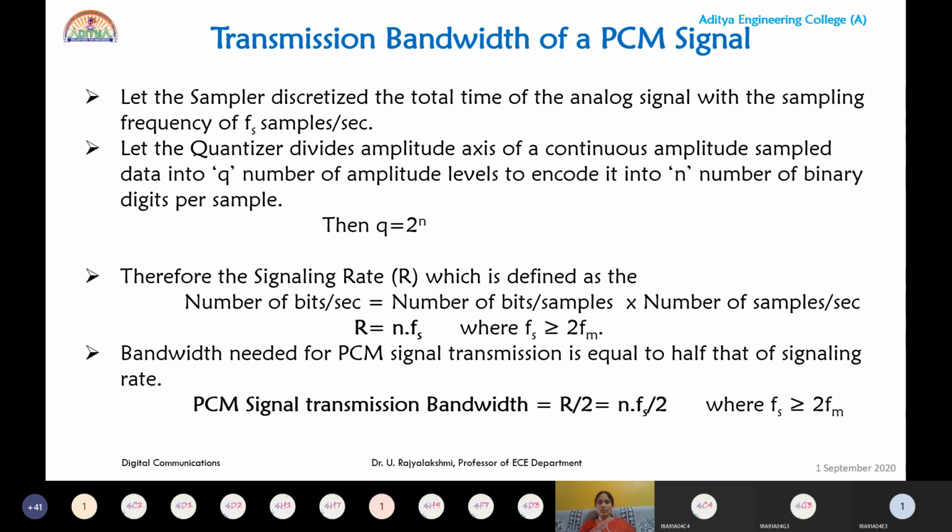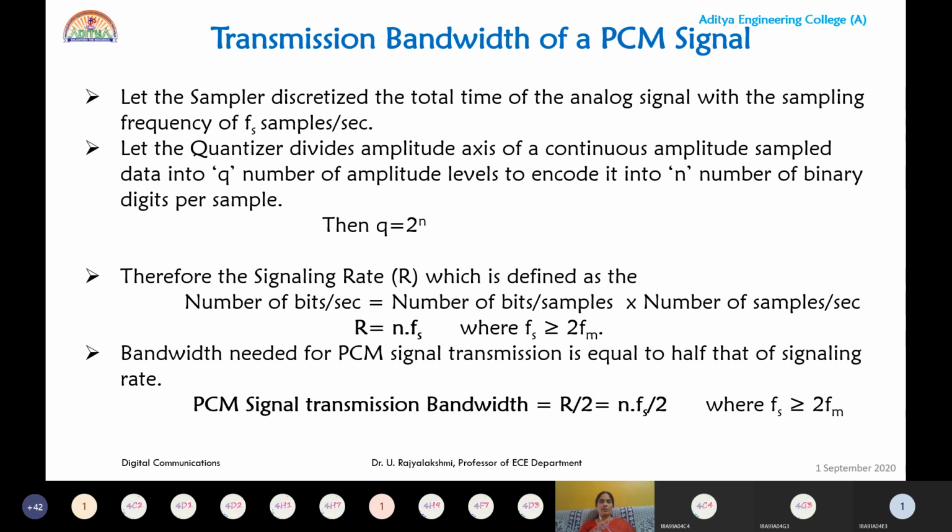But what is the relation between Fs and Fm to overcome the aliasing problem? Fs should be greater than or equal to 2Fm. So if you replace Fs with 2Fm, you get n into Fm.